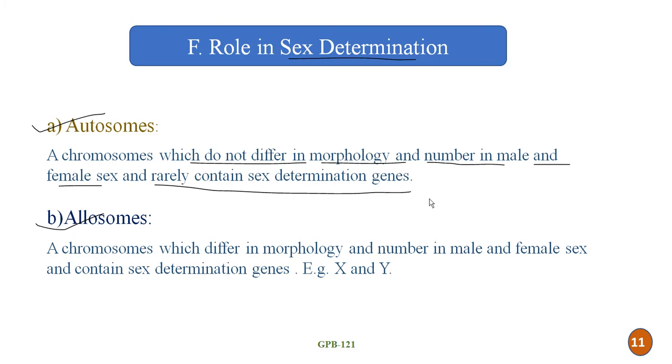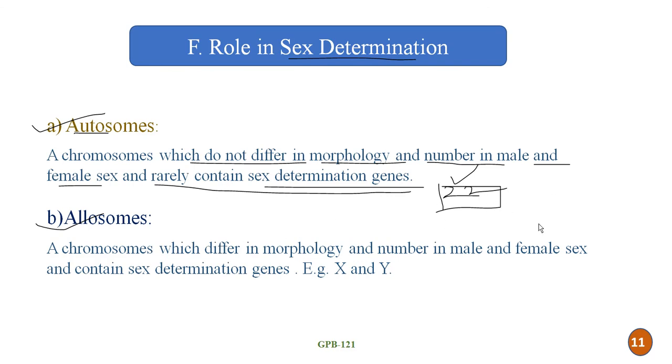Out of that, 22 are common in male and female. That means they are similar in number, and the morphology is also the same in male and female. That's why they are called autosomes. Auto means similar, and they generally do not take part in sex determination, so they rarely contain the sex determination gene.